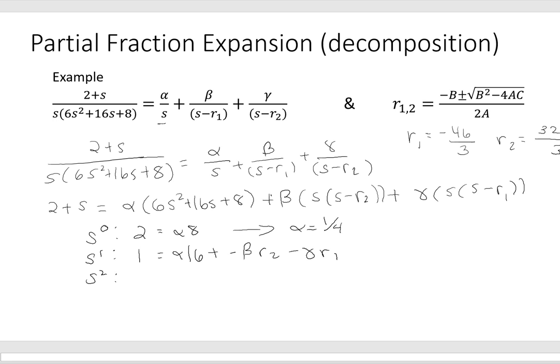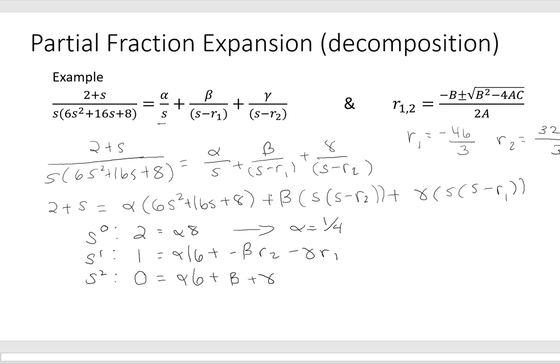Now for the power of s squared. There's no power of s squared on the left-hand side, so I'll write a 0. Here we'll have alpha times 6 from the first term, beta, just beta, there's no times 1, and then plus gamma.